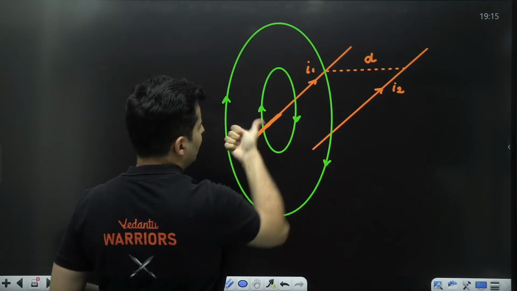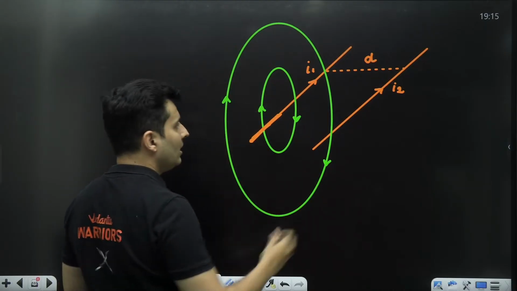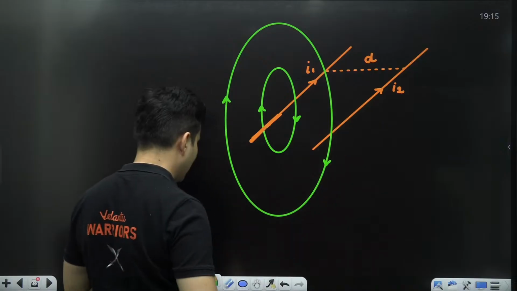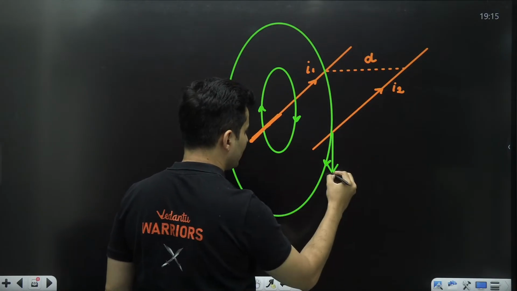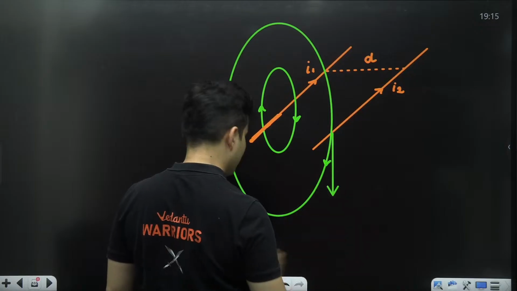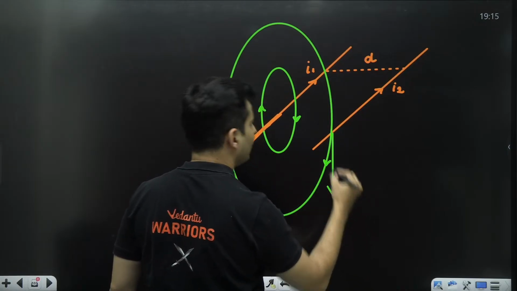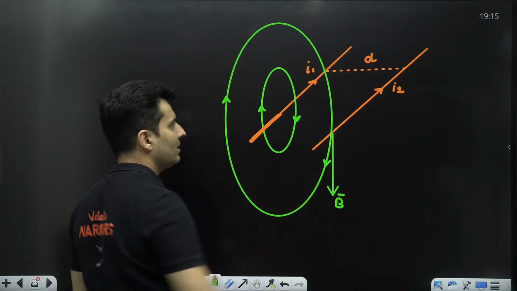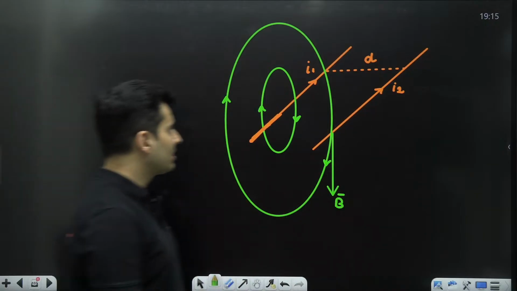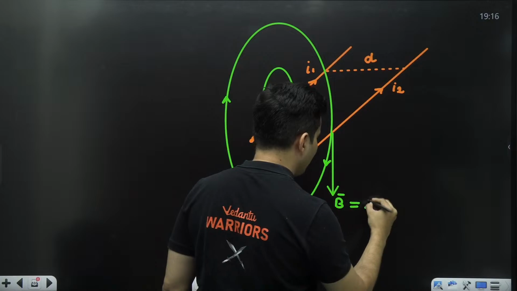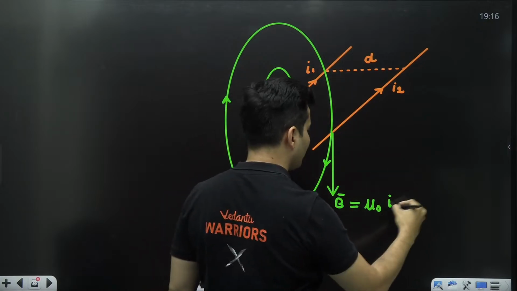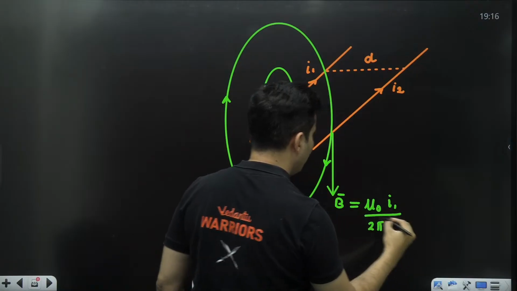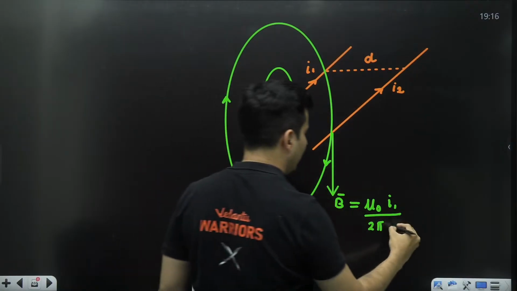You can see the current is here, the fingers are curling this way. So at this point on the second wire, the magnetic field is basically going downwards. This is the basic direction of the magnetic field at this particular point on the second wire. This magnetic field is given by mu naught, current I1 has produced it, divided by 2 pi, distance. Distance is nothing but d.